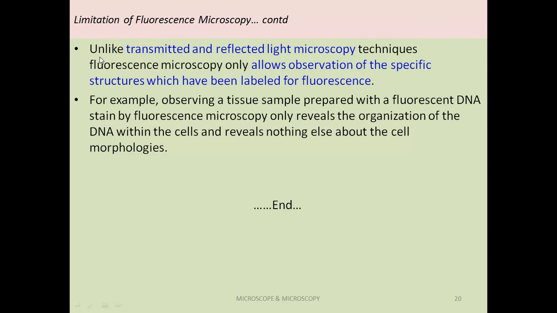Further, unlike transmitted and reflected light microscopy techniques, this microscope allows observation of only the specific structures which have been labeled. For example, observing a tissue sample prepared with a fluorescent DNA stain by fluorescence microscopy reveals the organization of DNA within the cell and reveals nothing about the cell morphology.